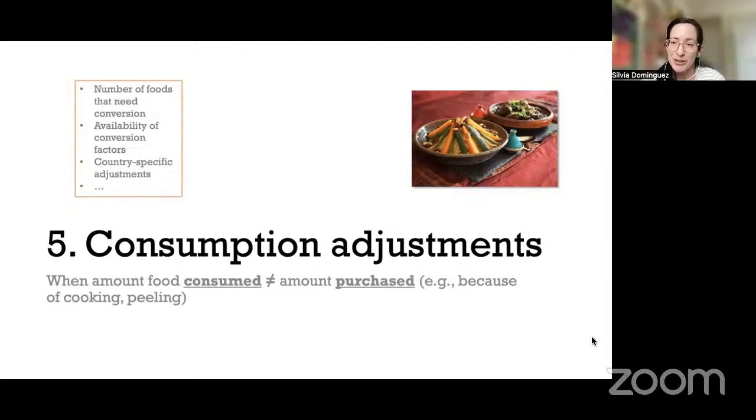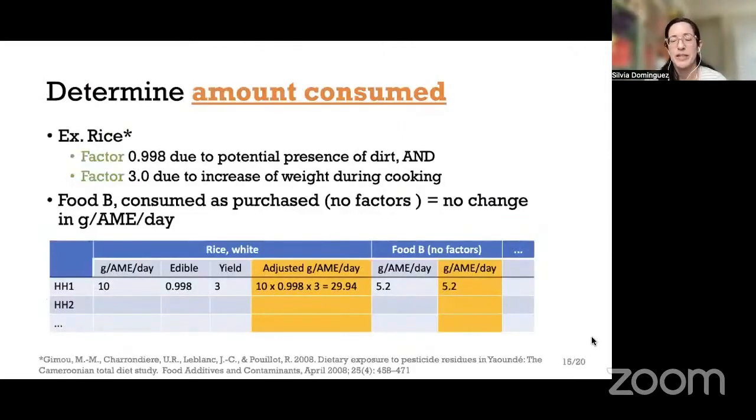There may be a lot of preliminary steps here before you reach your final amount of food consumed, the amount of food as consumed versus what was purchased. But let's see now how this is done with an example.